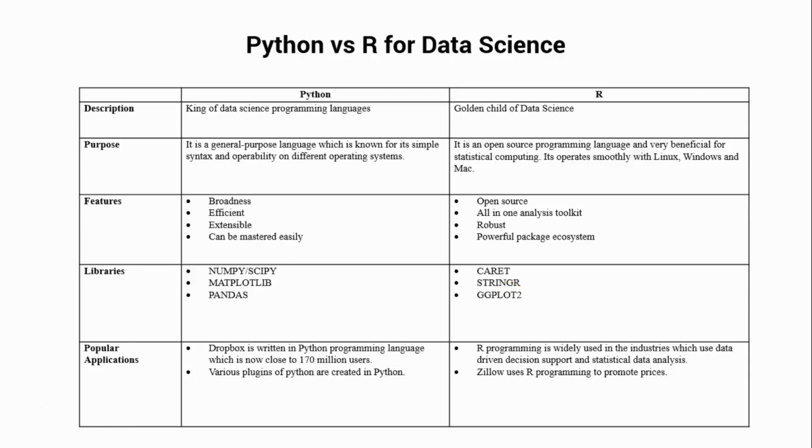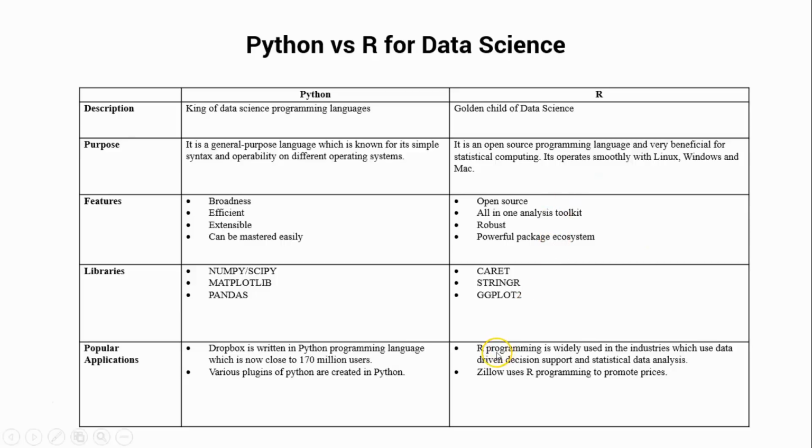Now let's understand the popular applications. Dropbox is written in the Python programming language and now has close to 170 million users. Then various plugins of Python are created in Python only. There is no need to use a third-party language for creating plugins.